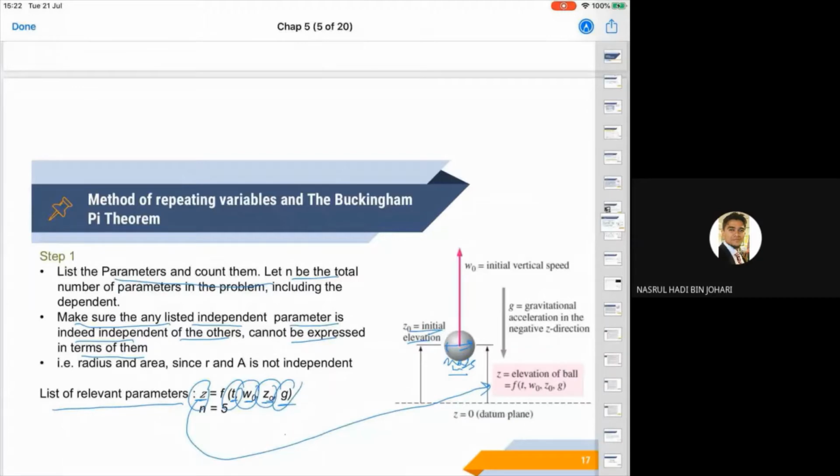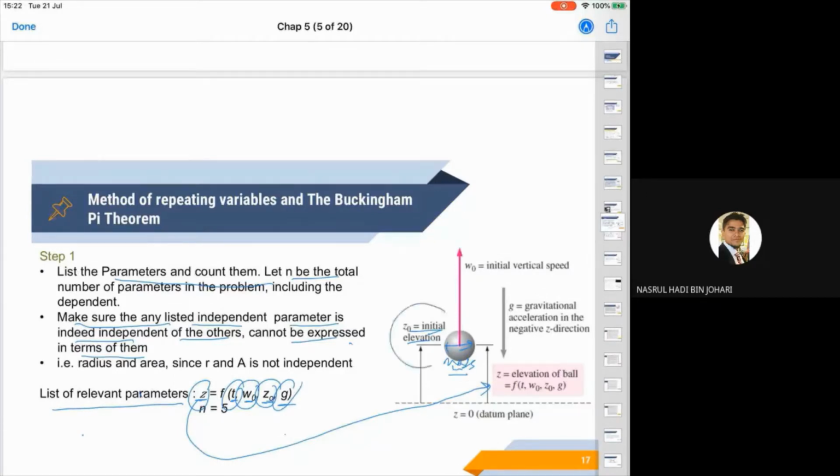For example, in this case, the steel ball is released at a specific elevation, which is noted as Z0, the initial elevation here.